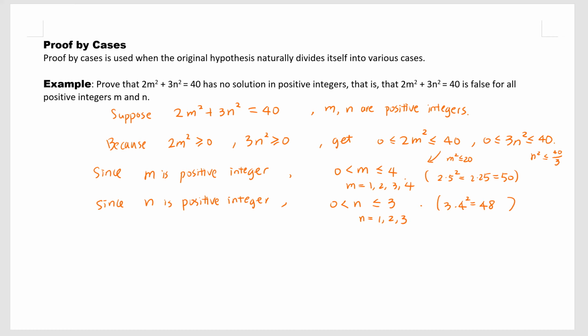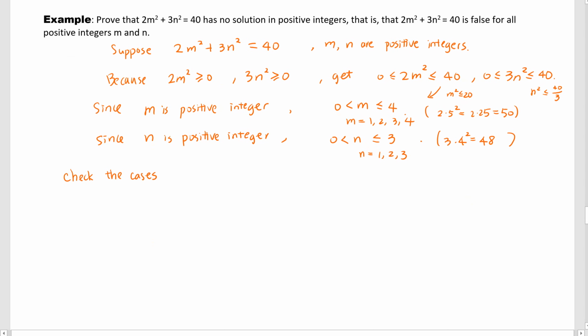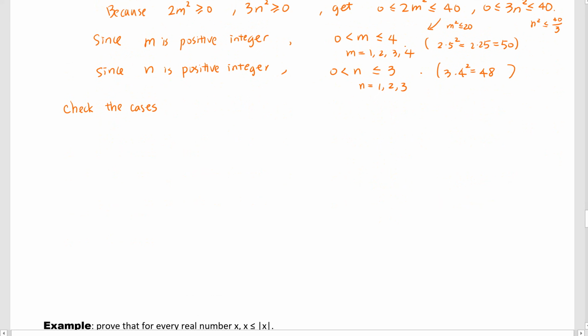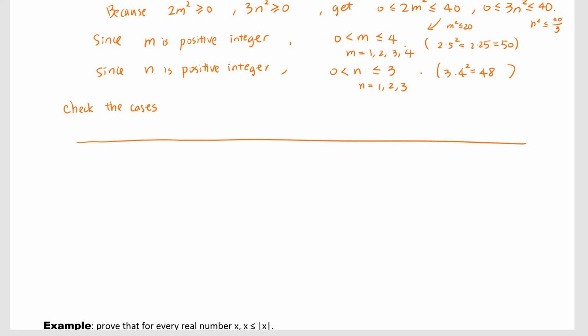Okay, so let's separate the cases. We're going to check the following cases. Let this be n, where n is 1, 2, 3, and let this be m, where m is 1, 2, 3, 4.